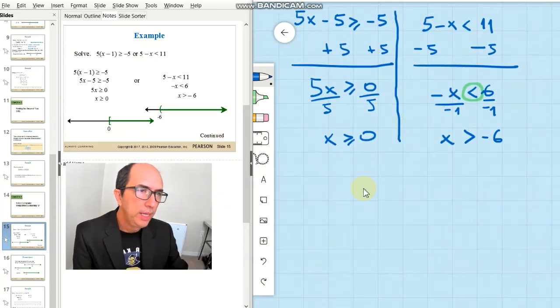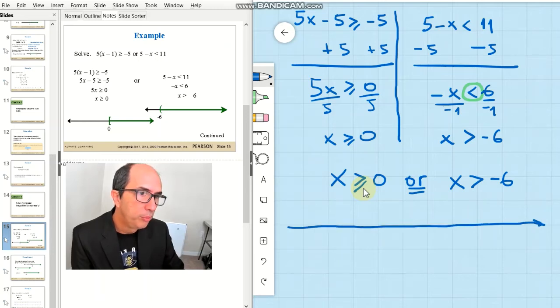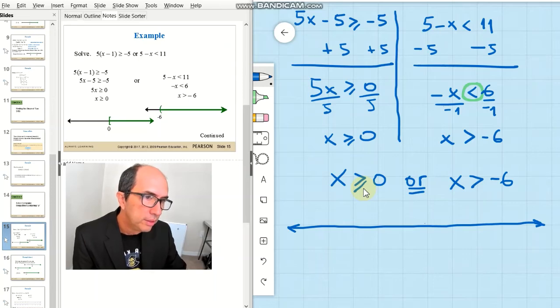Next step is to find x is greater or equal than 0, or x is greater than negative 6, the union. And one thing that's really helpful is to draw here the graph. Let's say here 0, and this graph goes from negative infinity to positive infinity.